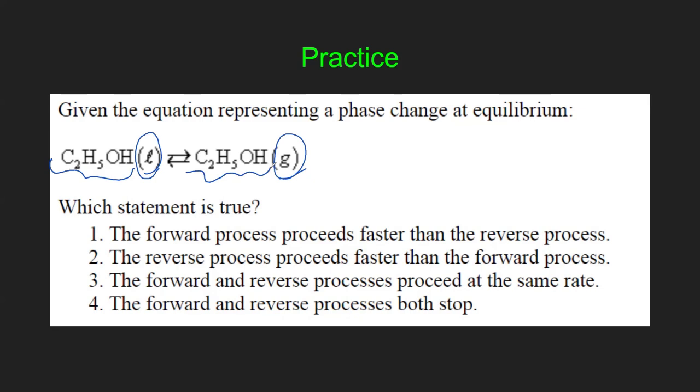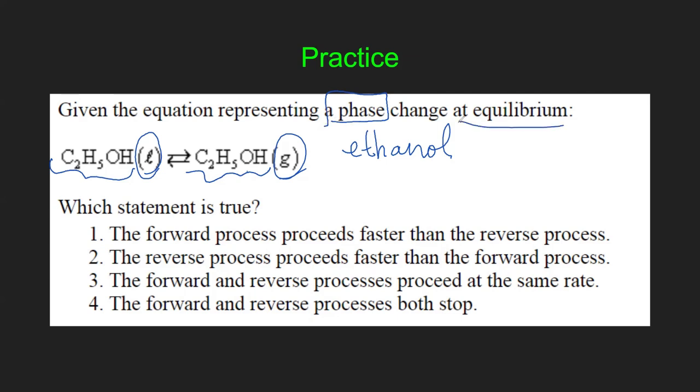You just don't know organic nomenclature yet. Don't worry, you'll know it third quarter. This is ethanol, otherwise known as drinking alcohol, the alcohol found in alcoholic beverages. So you've got the same substance on both sides, so this is not a chemical change. It tells you up front that it is a phase change, which is a physical change.